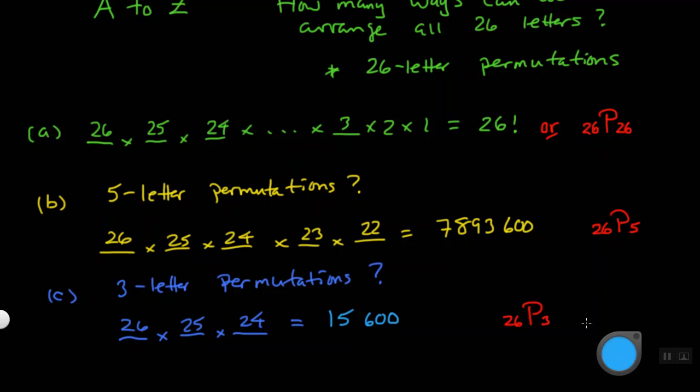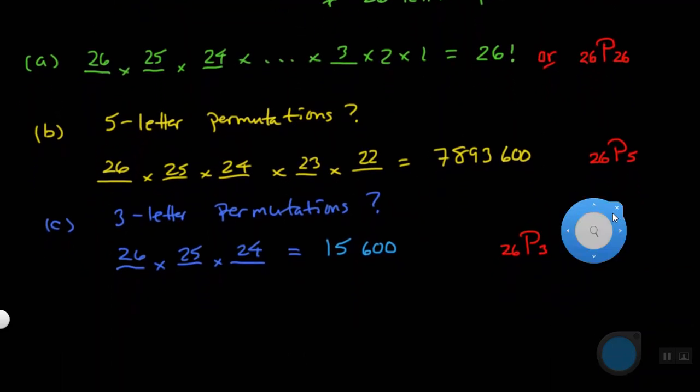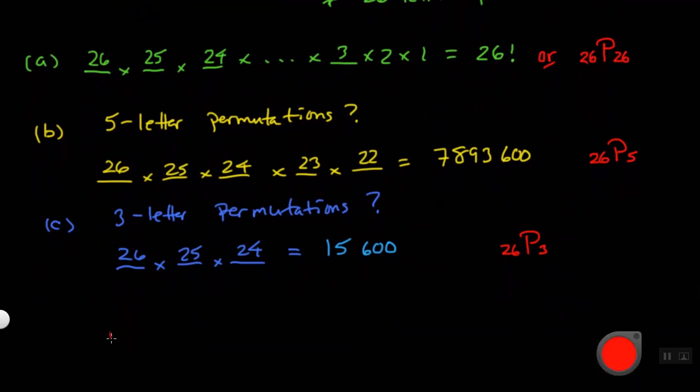Okay, so let's see if we can formulate a formula for this, which you just have to be aware that it exists. And again, I should say that it's not super useful right now, but it will be, like I say, in the next topic that we'll look at. So if you were to look in your textbook, maybe we'll do this in red, you'll see a generalized permutation formula: if you're selecting from n things, and remember this is our 26 letters in the series of examples that we did here, and you're choosing permutations of size r, that actually is set up as a pair of factorials.